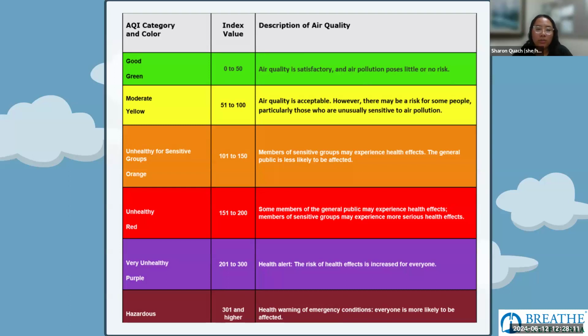Orange means unhealthy for sensitive groups, so those who are sensitive should stay indoors. The general public is unlikely to be affected. Red means that it's unhealthy, where everyone might feel sick, especially those who are most vulnerable with health problems. Purple means very unhealthy, warning that everyone could get sick. And maroon means hazardous, which is dangerous for everyone.